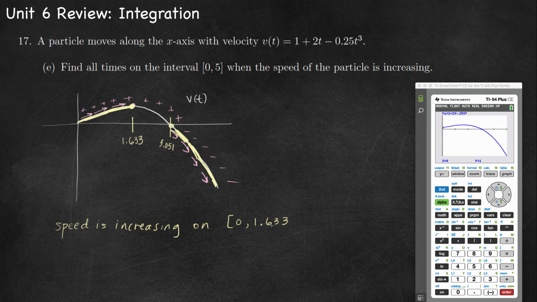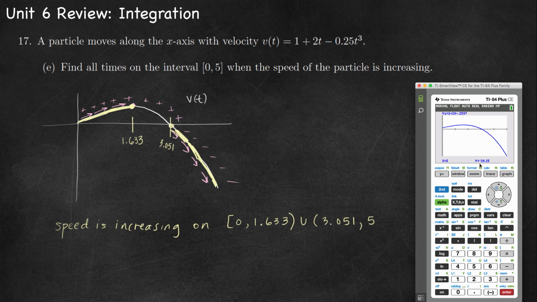But at 1.633, that's right where we're changing from speeding up to slowing down. So I'm not going to include that point. And then also from 3.051 to the end of our interval, which is 5, and at 5, let's check, we can do 5, enter.